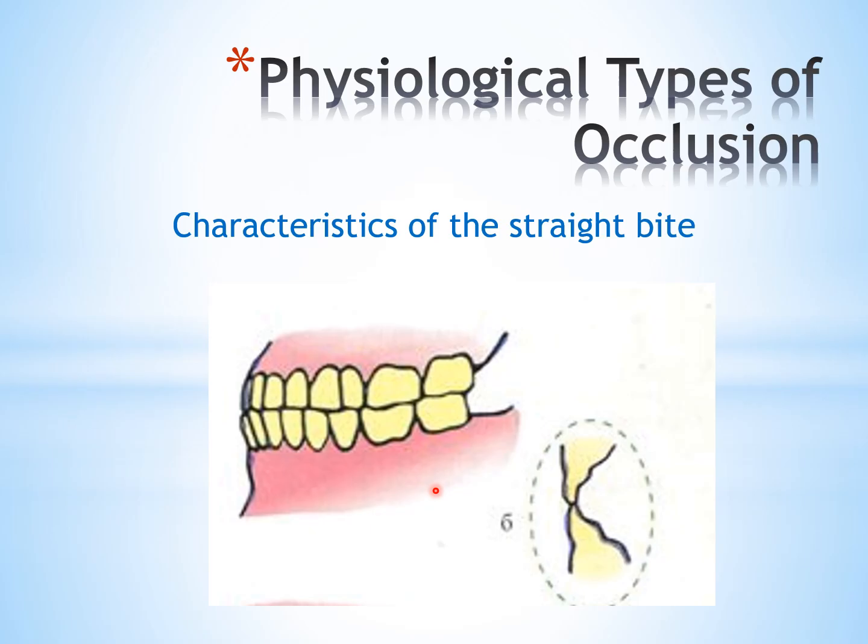So persons with straight bite have straight contacts between upper and lower incisors. Contacts like edge to edge.